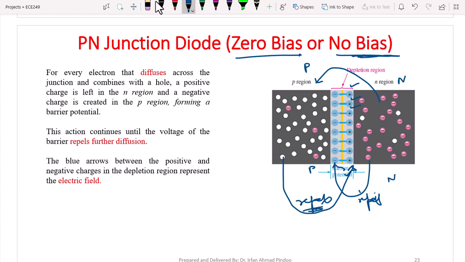There will be a moment when the diffusion is going to stop, and that particular region that we have created because of depletion of charge carriers is called the depletion region. Why is this called depletion region? Because we have depleted it of the moving charge carriers. It is also called a barrier potential, because you now need a certain voltage in order to overcome this particular barrier that has been created over here.